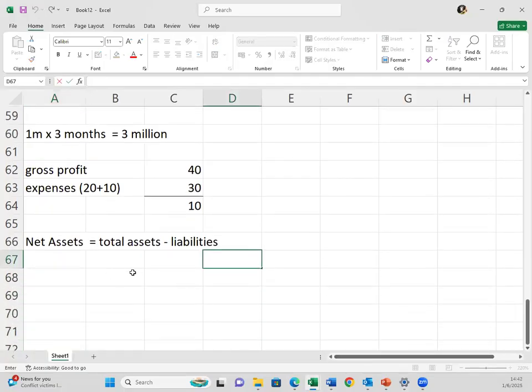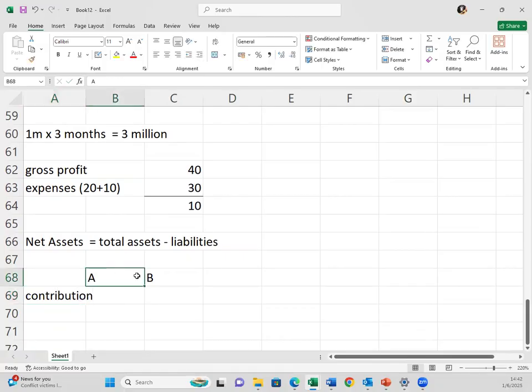So we have 2 products, product A and product B. These products were giving us a contribution, or profit, as follows.